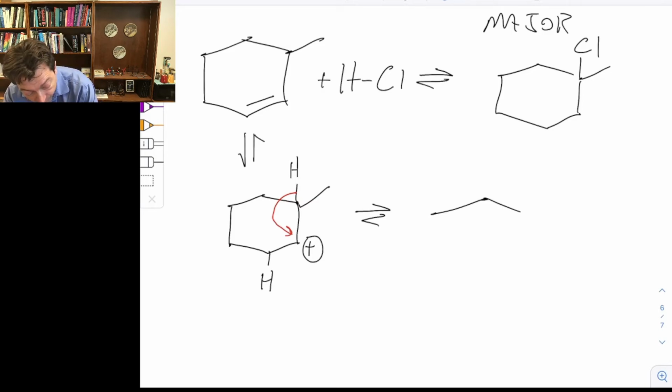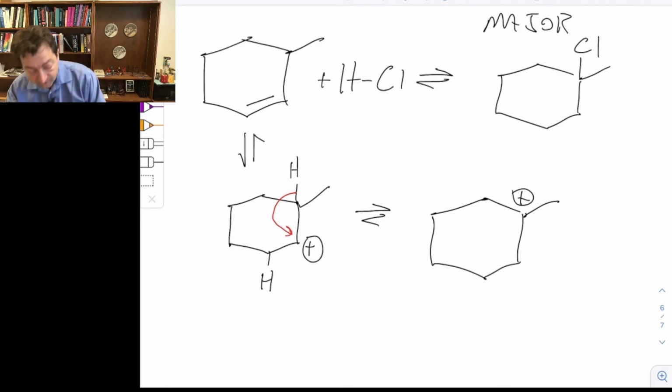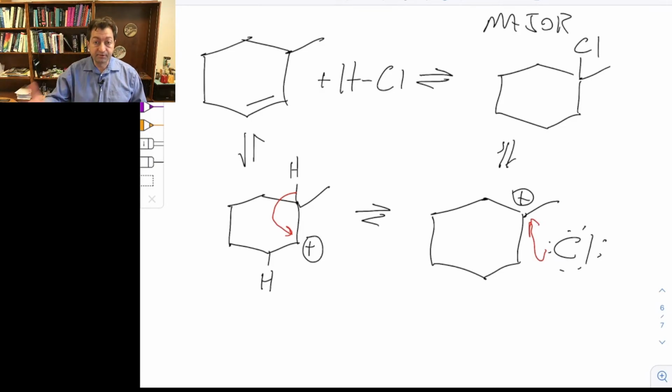So that would rearrange, we'd get a carbocation rearrangement to generate, of course, by far the more stable tertiary carbocation. And then the final step would be the attack of that carbocation by the nucleophile, in this case the chloride, which would ultimately lead to the tertiary product. So again, following a mechanism that we've seen before, adding some very strong evidence, I would say, to the intermediacy of a carbocation in these reactions.